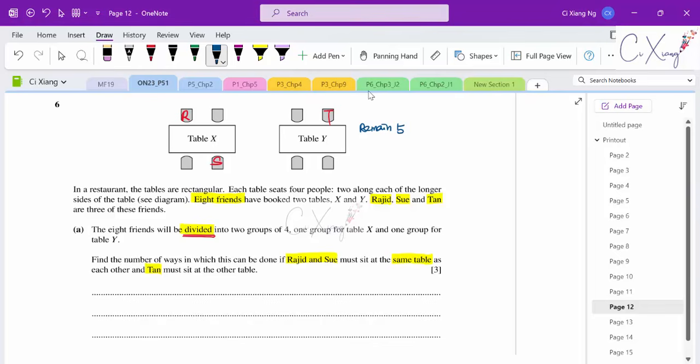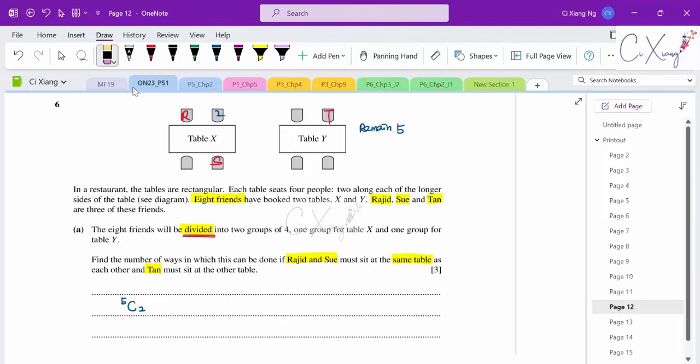So your calculation should be something like this. It should be 5C2. That means from 5 friends, you want to choose 2 of them and put them into table X, and then the remaining 3 automatically into table Y. So maybe some student will say, I want to put 5C3, can or not? Also can.